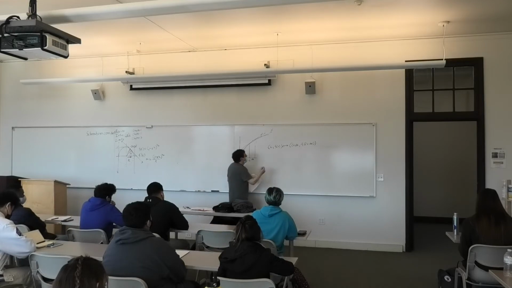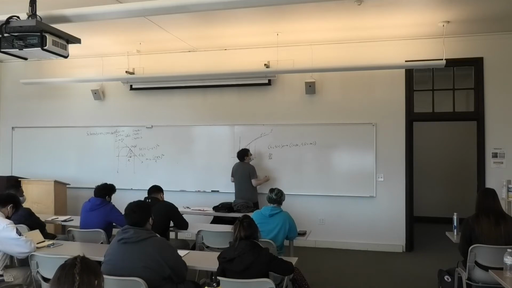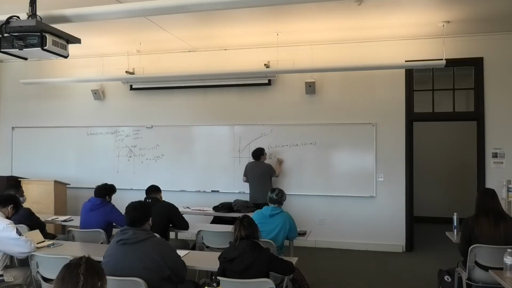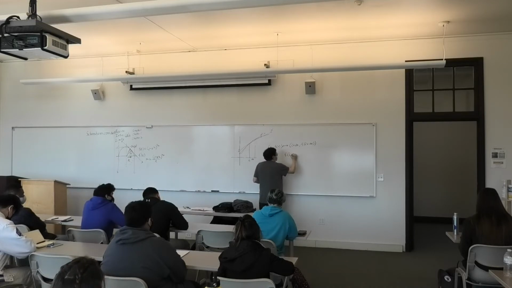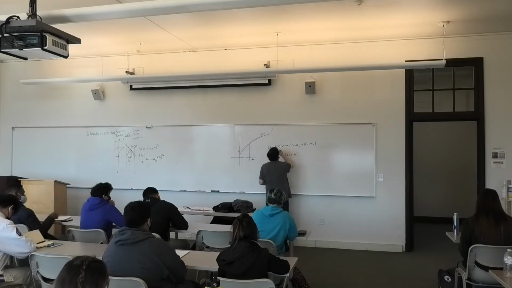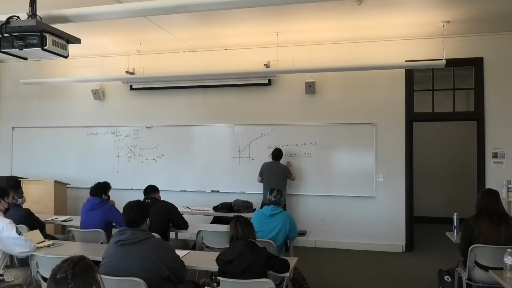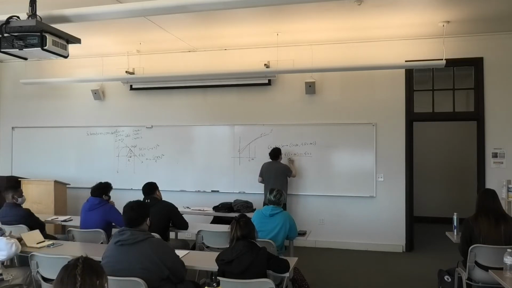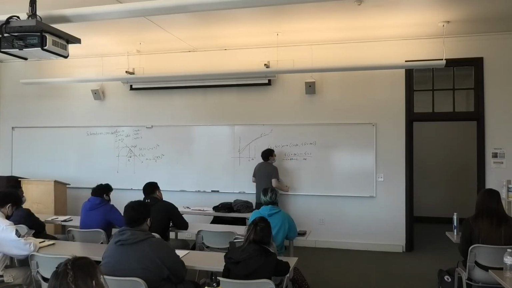Right? Delta y over delta x. So let's find out what that is. Delta y is f of c plus delta x minus f of c, and delta x is c plus delta x minus c. Oh, well, that's just delta x.